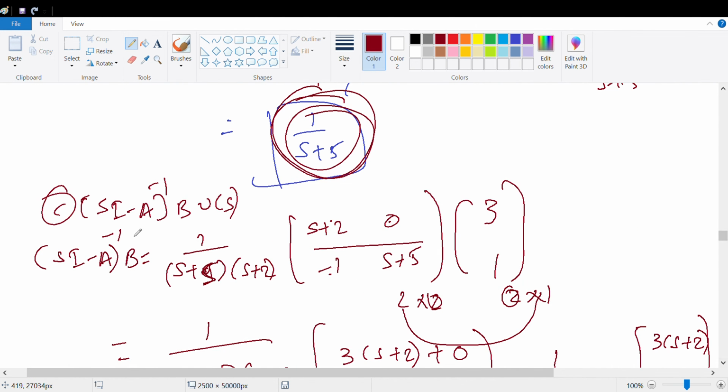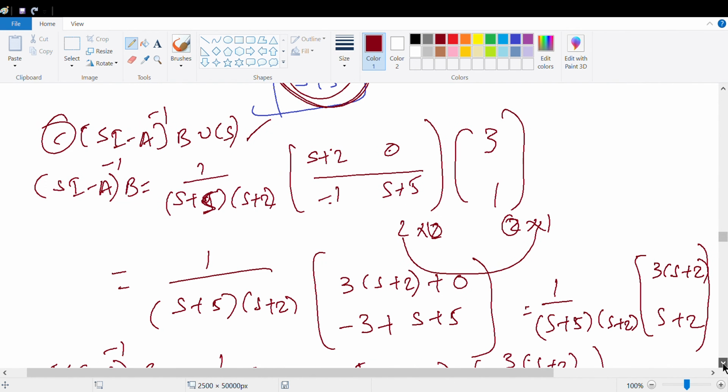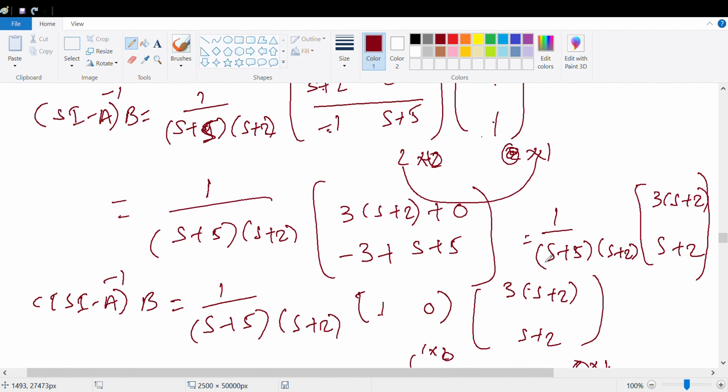Next part, we need to find C times (sI minus A) whole inverse into B into U of s. B is 3 1, so it is a 2 by 2 matrix and a 2 by 1 matrix, and we get 2 by 1. So 1 by (s plus 5)(s plus 2), (s plus 2) times 3, so 3 times (s plus 2) plus 0 times 1, which is 0, and minus 1 times 3 plus (s plus 5) times 1. So 1 by (s plus 5)(s plus 2), it is 3 times (s plus 2) and s plus 2.